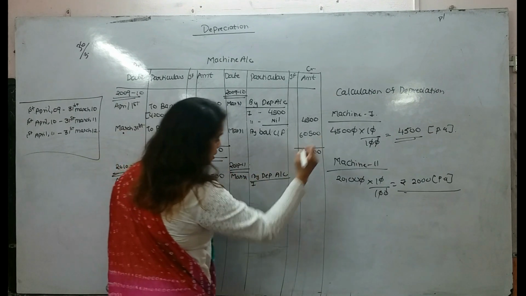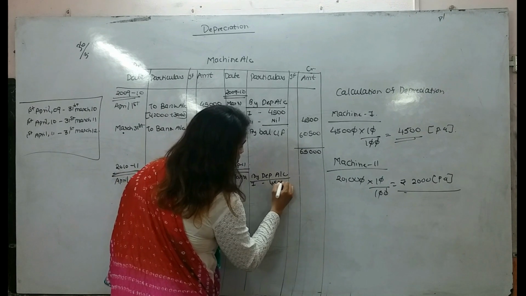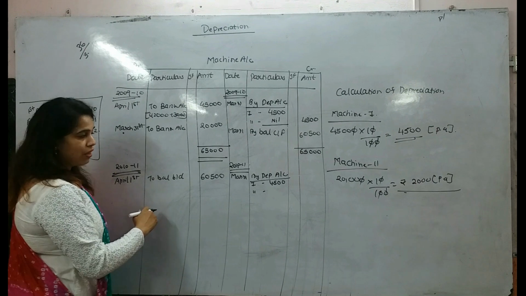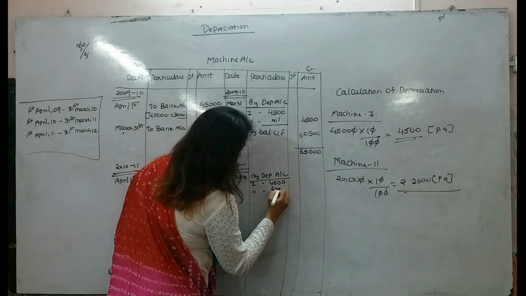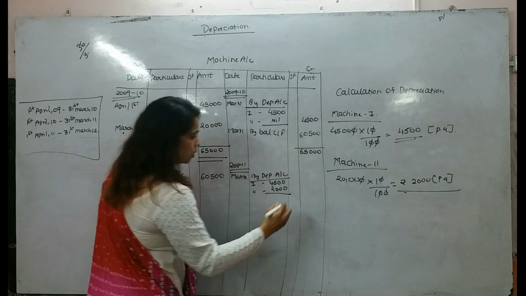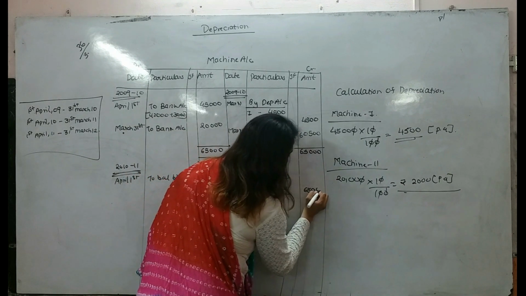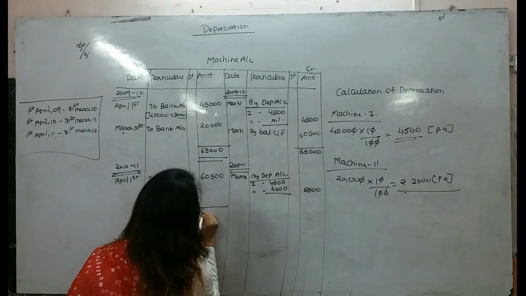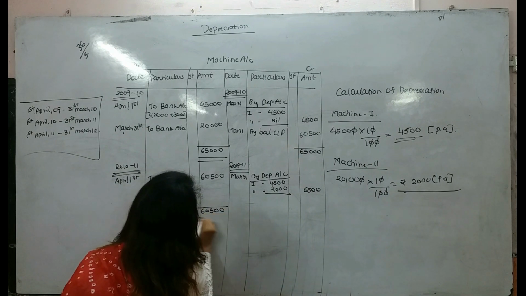For the first machine, depreciation is 4,500. Now in the second year we are having the second asset from the beginning of the year, right? So it will be 2,000. So total depreciation will be 6,500. Now here students, 60,500.